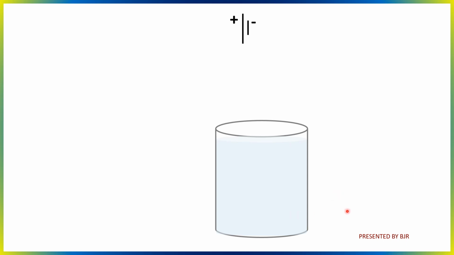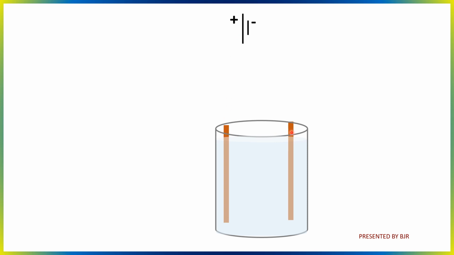Isn't it? See here, these are the two copper electrodes I am placing inside the solution. Now I will connect these two electrodes to the battery terminals. The electrode to which the positive terminal of the battery is connected is called the anode.